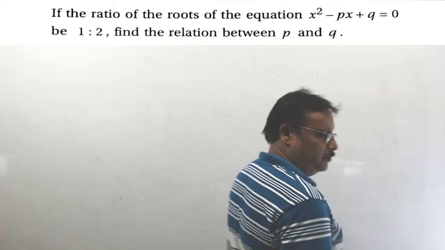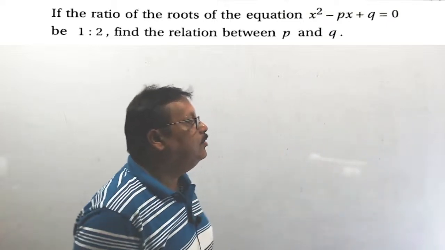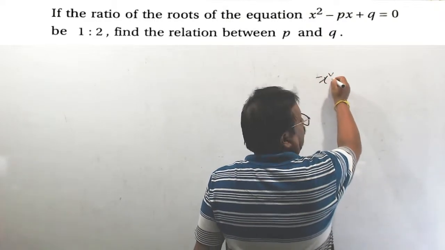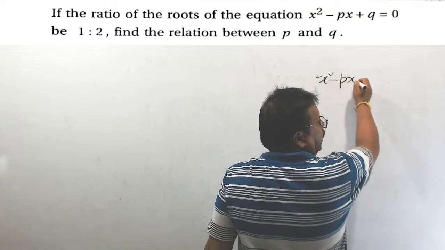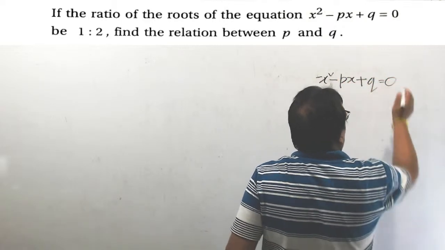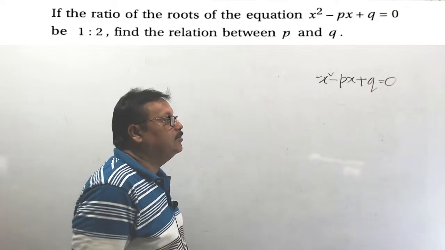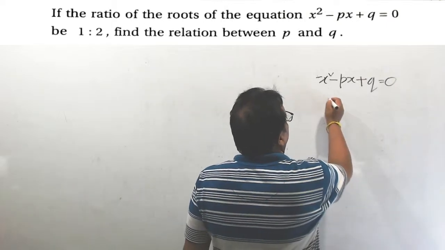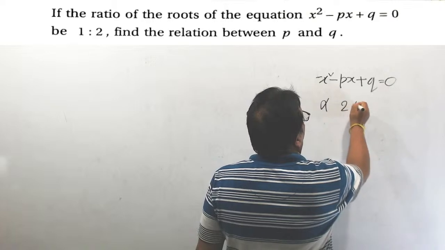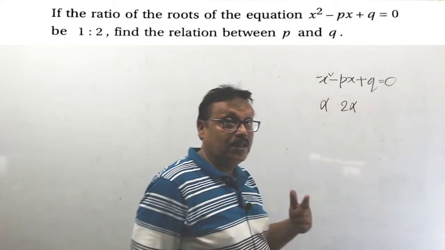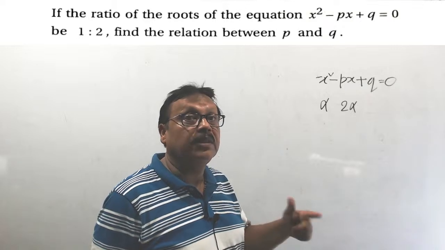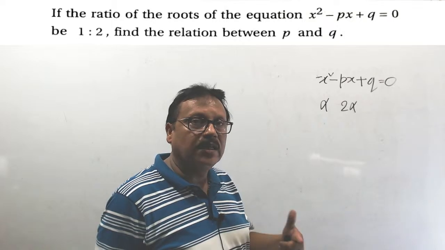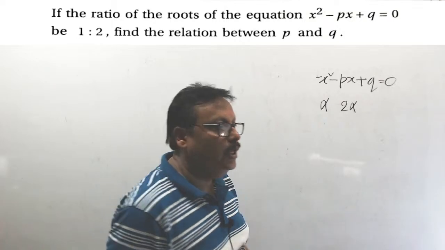What is the equation? x square minus px plus q equal to 0. The ratio of the roots of this equation is 1 is to 2. That is, one root is alpha, another one is 2 alpha. Like the previous one, one root is double the other.